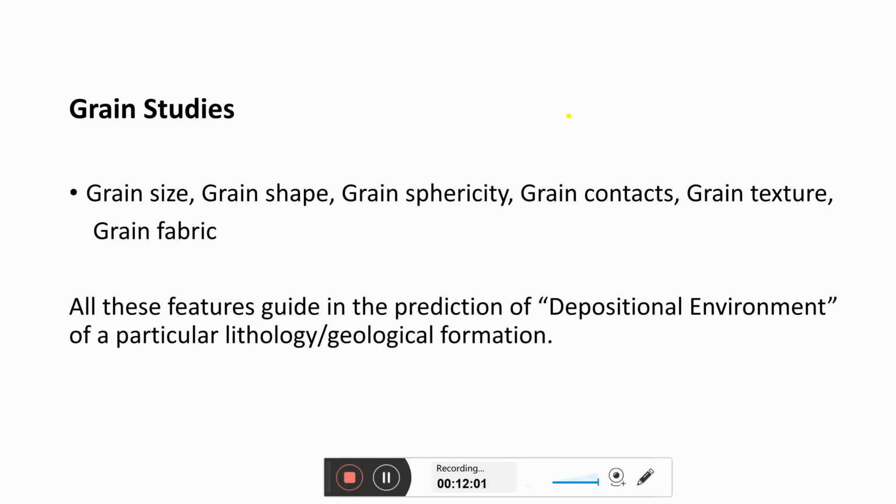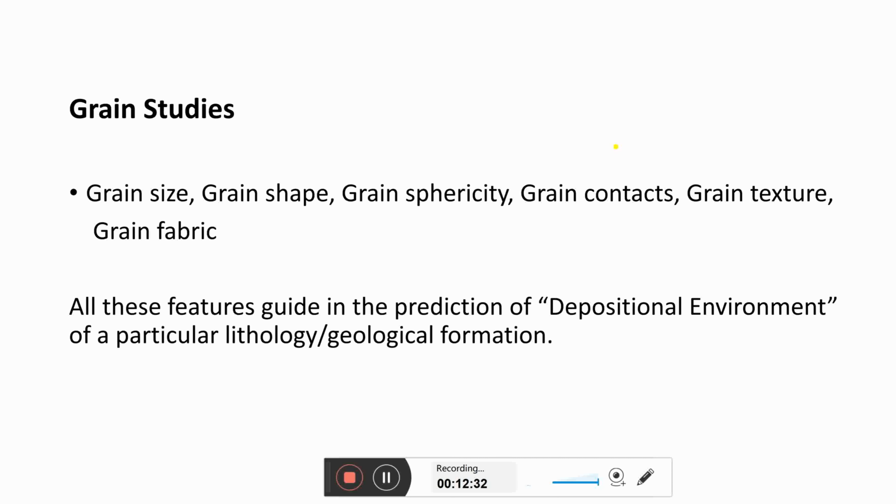Okay, now we will see how different properties of these rocks can be studied and how these properties can be used to identify a petroleum reservoir, petroleum source rock, or existence of petroleum in a particular area.